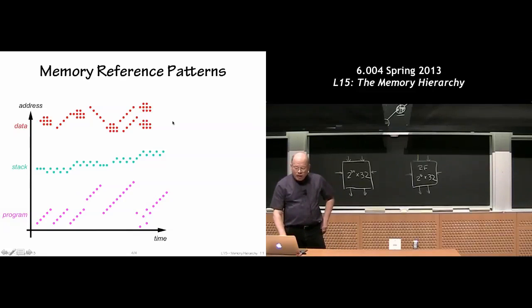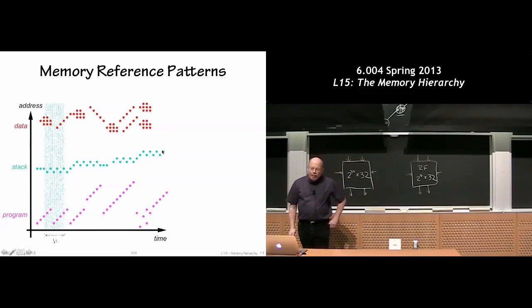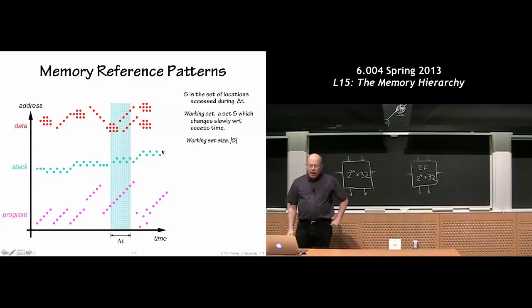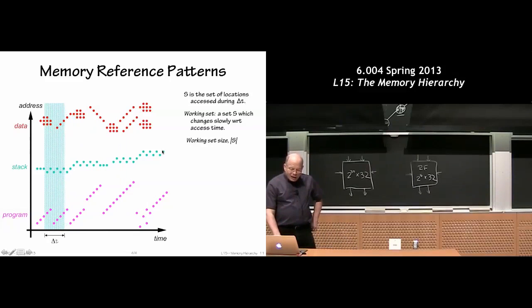And so if you put all this together, you can see that in a particular span of time, the range of addresses that appear here in the blue region is actually limited. There's a limited number of program locations, a limited number of stack locations, and a limited number of data locations that I'm accessing. So that's what we mean by locality of reference.